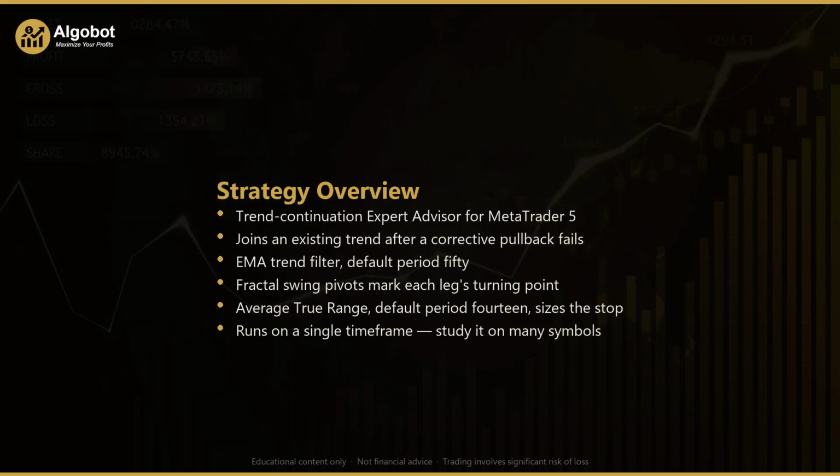Third, the average true range, with a default period of 14, measures recent volatility and helps size the protective stop. Because every calculation runs on a single time frame, the one your chart is set to, this approach can be studied on many symbols and many time frames. It is designed to be selective rather than constant, waiting for a specific structural event before doing anything at all.